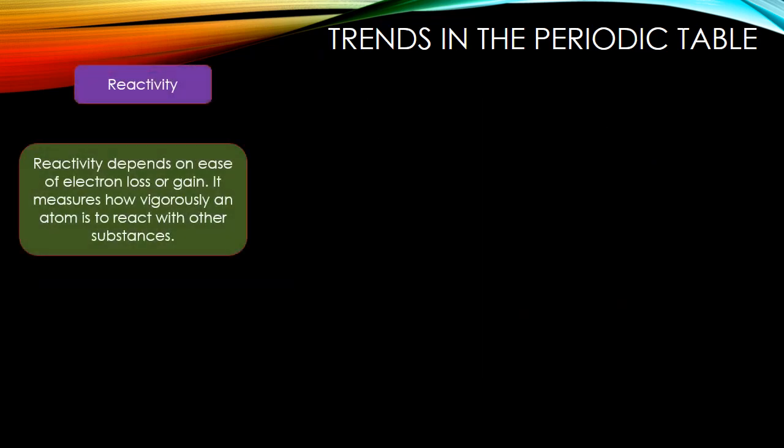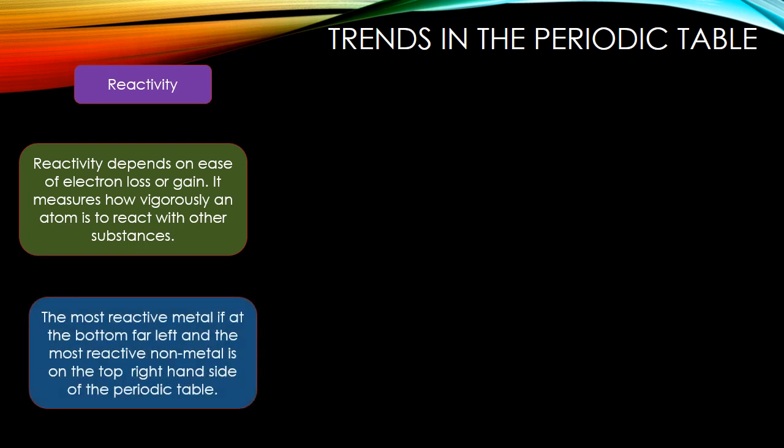Reactivity. The reactivity of elements depends on how easily the elements can lose or gain electrons. So it measures how vigorously an atom can react with another substance. The most reactive metals, therefore, are at the bottom of the periodic table due to increased shielding and lower effective nuclear charge.